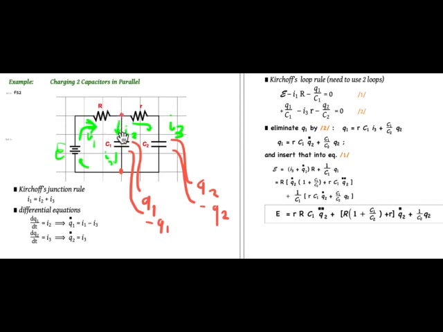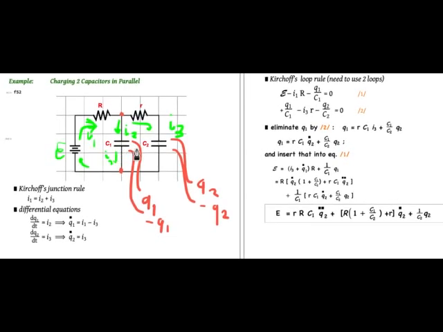And then finally, I have the change in potential across the capacitor. Well, the change in potential across the capacitor is the charge divided by the capacitance, the separated charge divided by the capacitance. So it'll either be plus or minus Q1 over C. Now, which is it, plus or minus? Well, again, this will be the high potential side, the positive side.